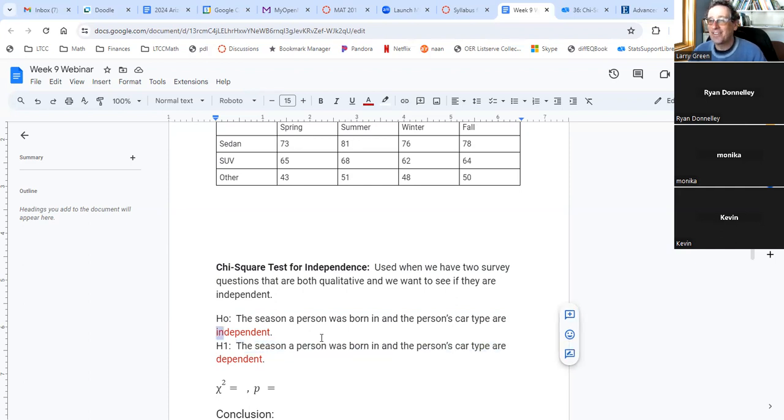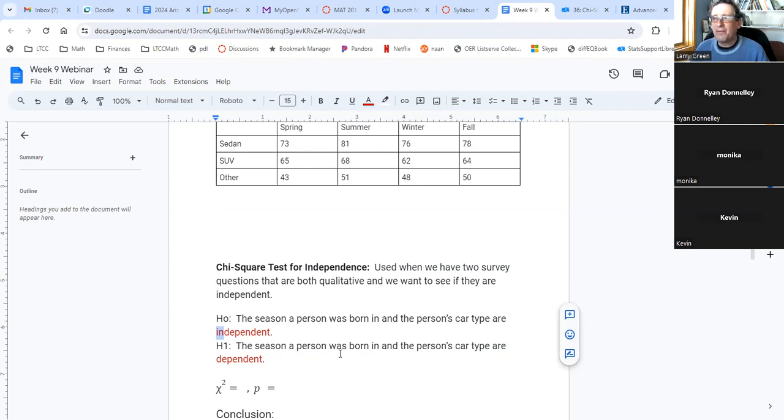A lot less typing. H naught and H1 are very similar in the letters that you use. The only difference is this one has an IN because it's independent. This one doesn't because it's dependent. Any questions at all on this particular example and this H naught and H1 and why this is a chi-square test for independence?